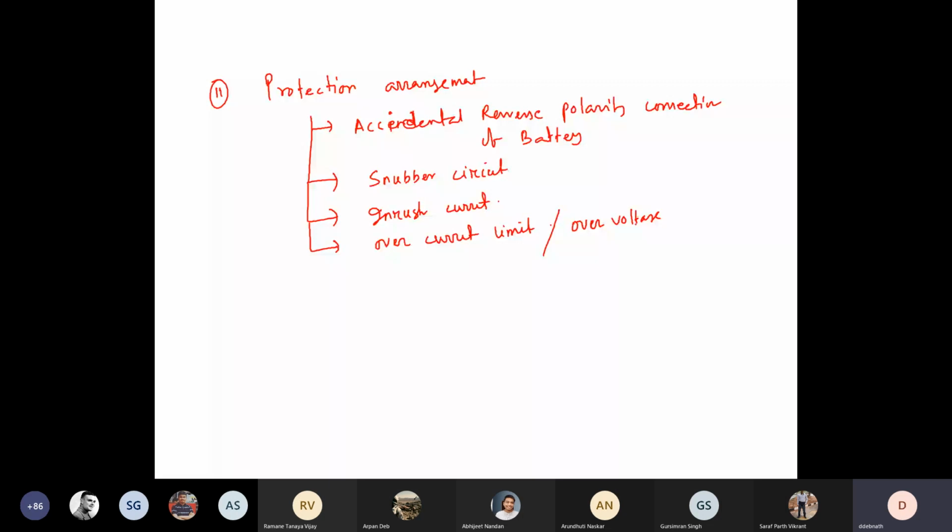Then over temperature protection. Basically, we have a temperature sensor mounted near the heatsink or the MOSFET, and you keep on measuring the temperature. As soon as you see the temperature going up, you reduce your current. Okay.